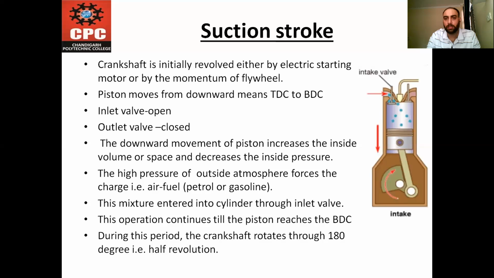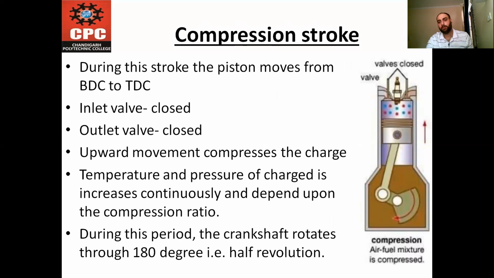The second one is the compression stroke. So what happens in the compression stroke? The piston that is at the BDC position starts moving towards the TDC, from the bottom dead center to the top dead center. In this stroke, both the inlet and outlet valves are closed. The upward movement of the piston compresses the charge.